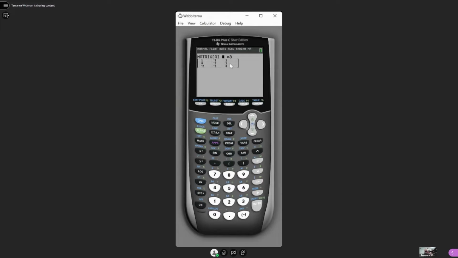These are all the numbers we got, the leading coefficients of all those numbers on the equation side. That's how we get this. Now the solution matrix were all the solution numbers. We put them under B. That was 2, 2, and 0.5.